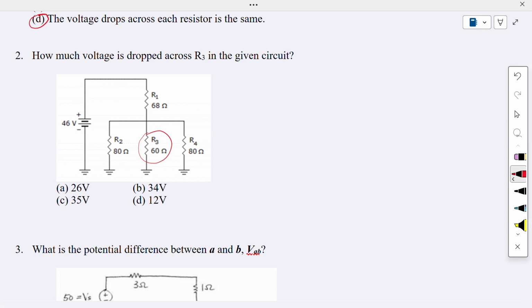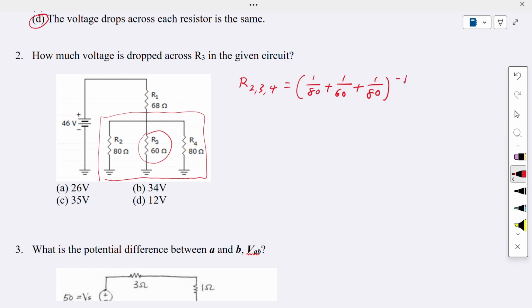To find the voltage drop across resistor R3, we need to find the Req for these three resistors, R2, R3, and R4. They are connected in parallel, so this is equal to 1 over 8 plus 1 over 60 plus 1 over 8, and then we take the inverse of this. This will give us 24 ohm.